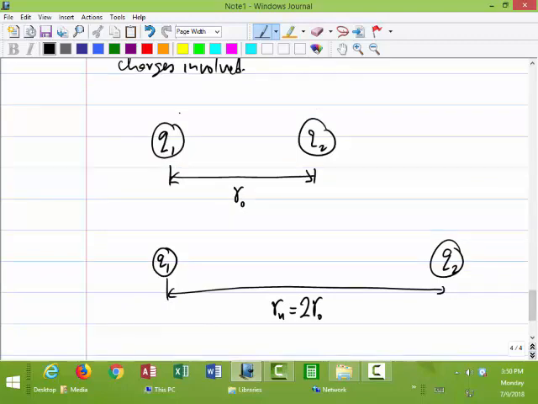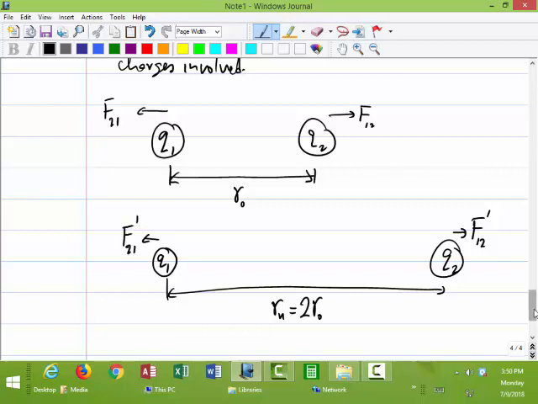Let's say the force of charge 1 on charge 2 is this force here, and the force of charge 2 on charge 1 is that force. When we double the separation, we can expect the force will be smaller because the distance is larger. So let's make this force shorter, and say this is the new force of charge 1 on charge 2, with a prime, and this is the new force of charge 2 on charge 1, with a prime.